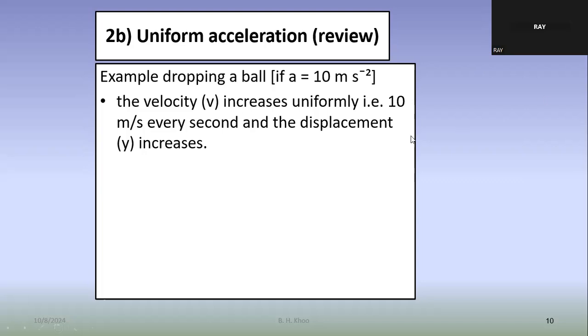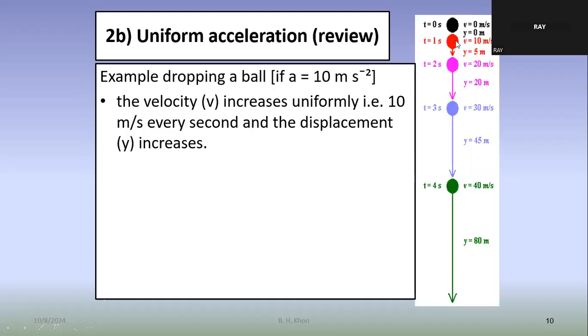Here, the velocity increases by 10 meters per second every one second. That's why I show it like that. Initially, velocity is 0.